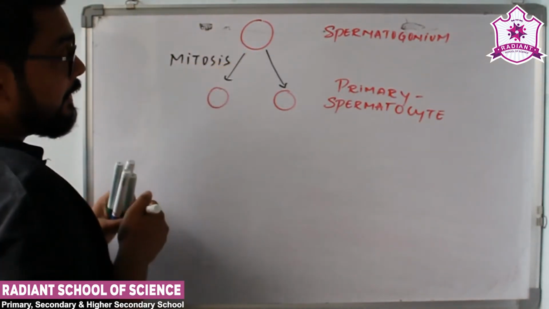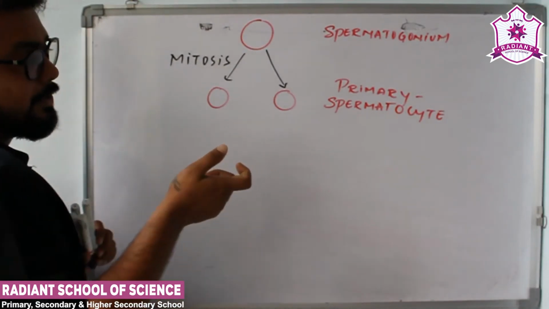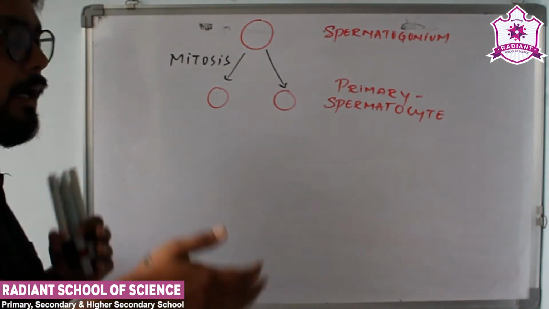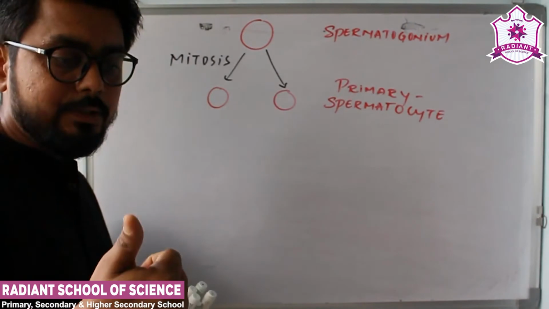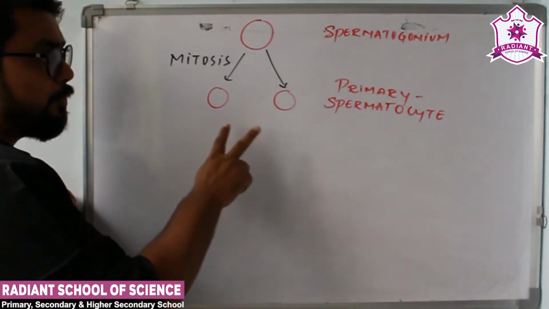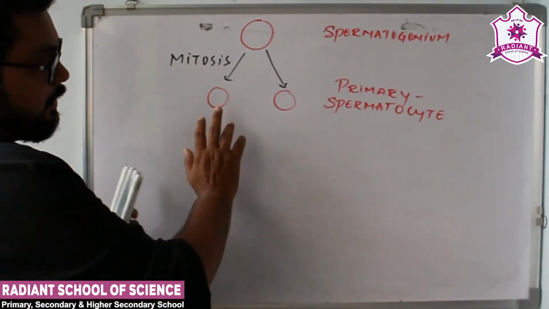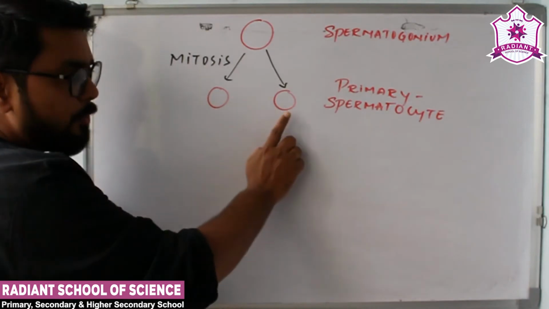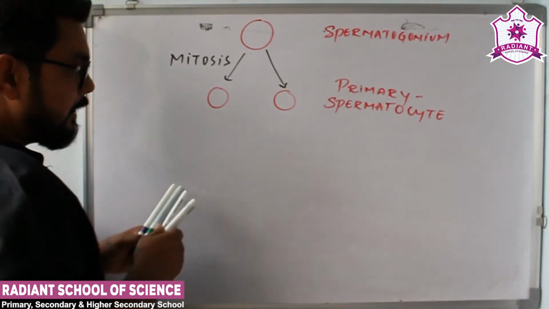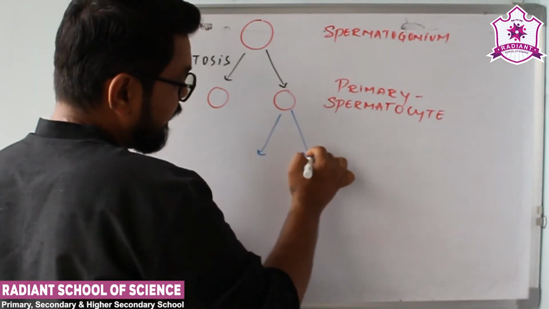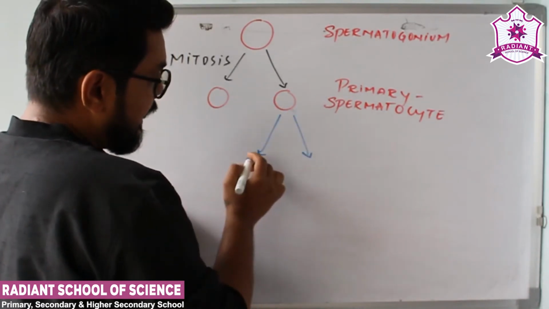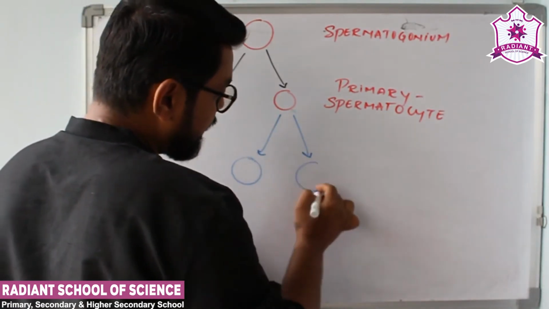After mitosis, the primary spermatocytes start undergoing meiosis. First it's mitosis, then it's meiosis, and each one of them would undergo meiosis. I'll show about one only. So this one undergoes meiosis. We have meiosis 1 taking place first, and it leads to the formation of two cells.